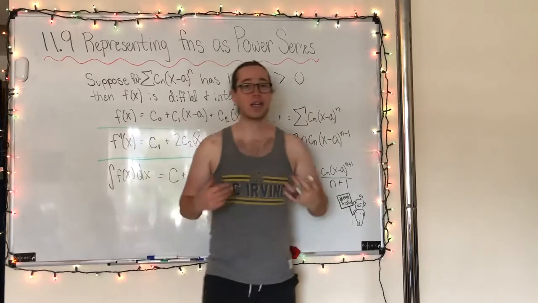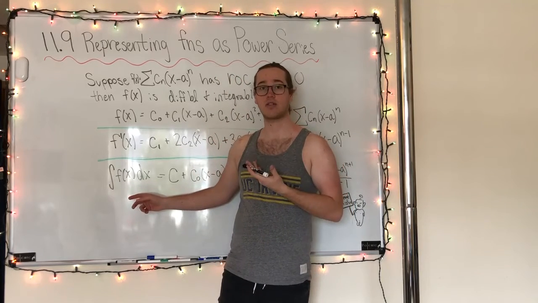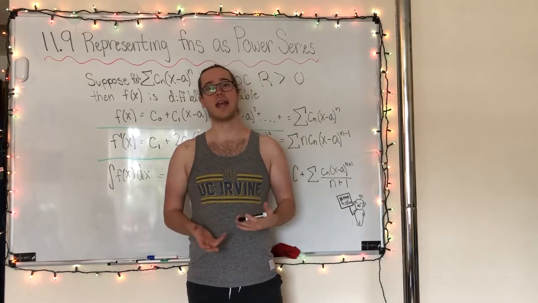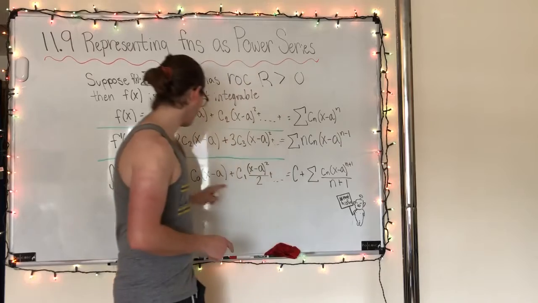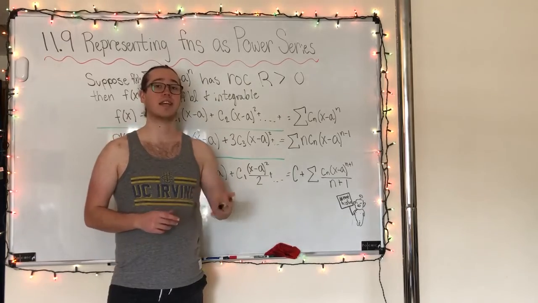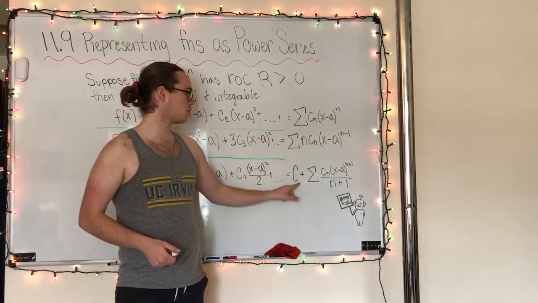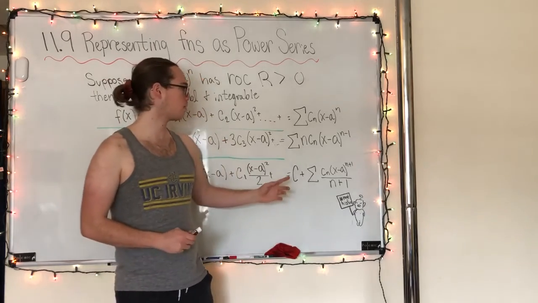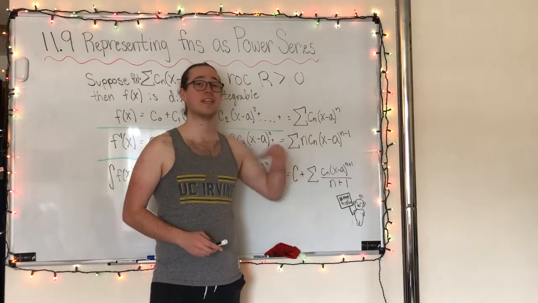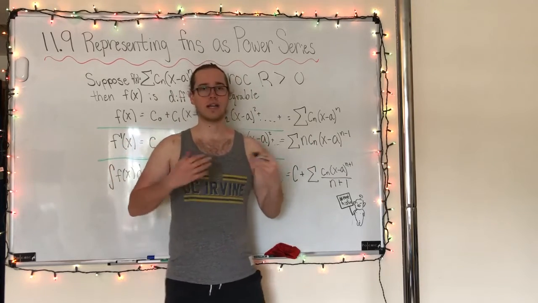And now for our integral, the integral of f of x dx is going to be equal to big C, the constant that we have to add for any integral, plus c0 times x minus a plus c1 times x minus a squared divided by 2, and so on to infinity. This is equal to big C plus the sum from 0 to infinity of c sub n times x minus a to the n plus 1, all divided by n plus 1.